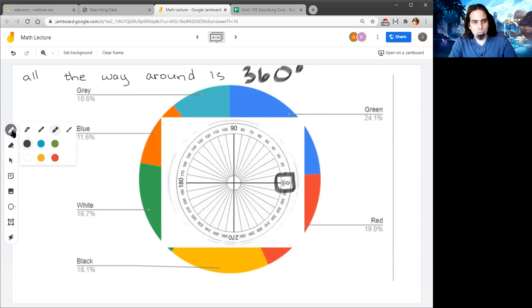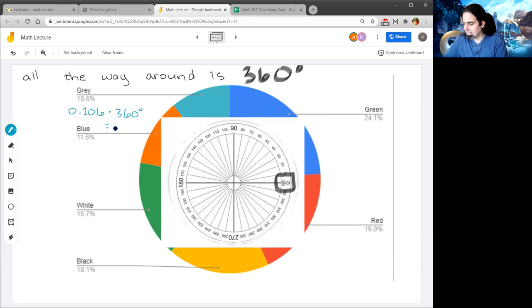So what I could do is take each of these and multiply them. If I have 10.6%, I could say that is 0.106 times 360 degrees, would be whatever that is, 38.16.